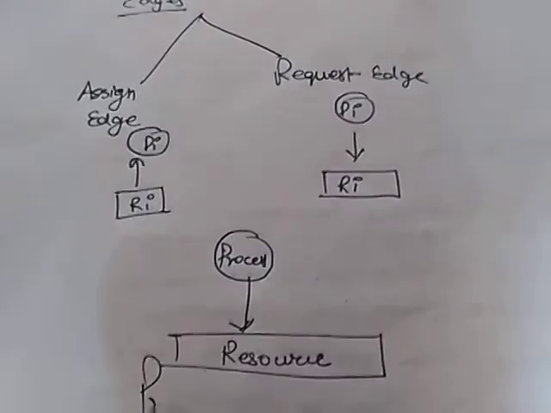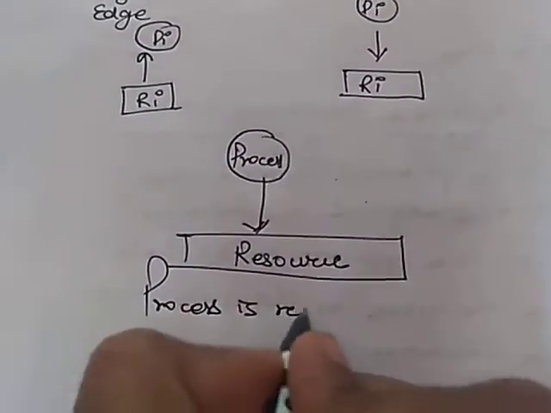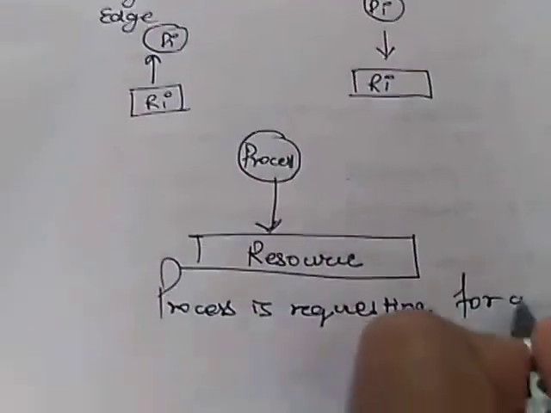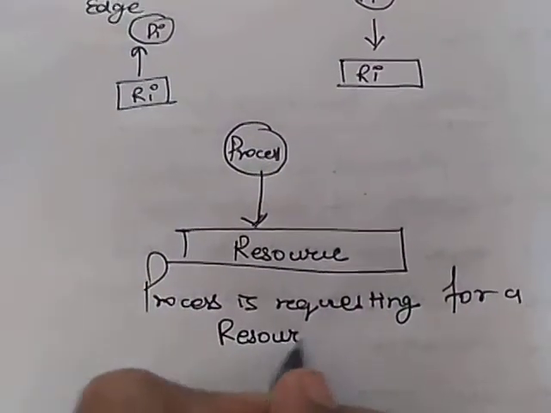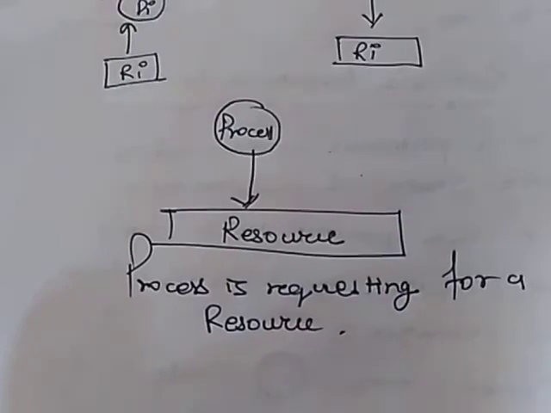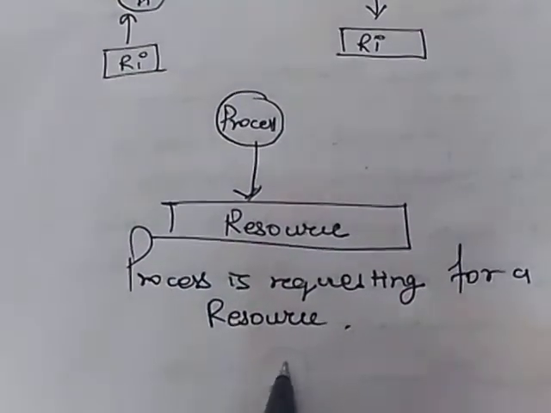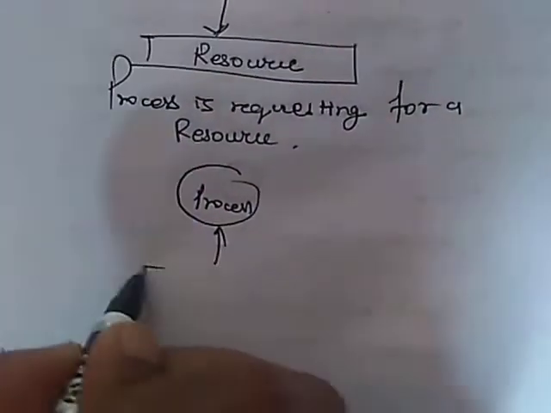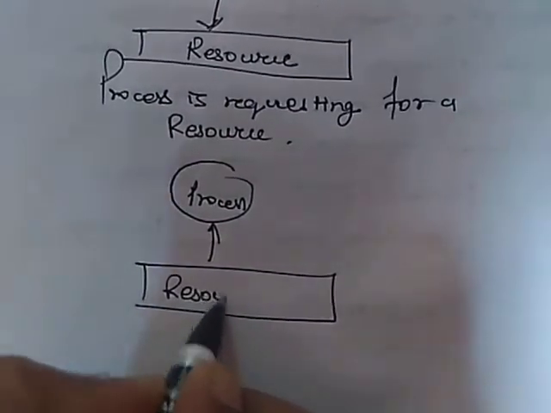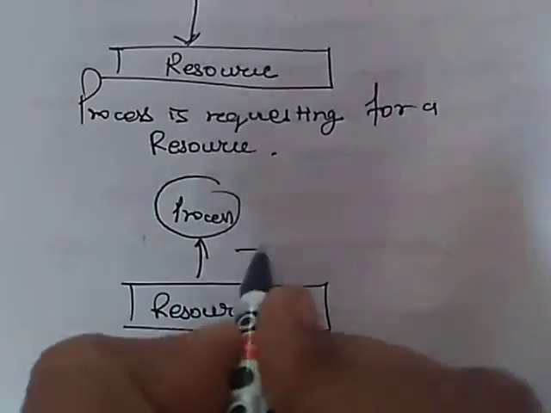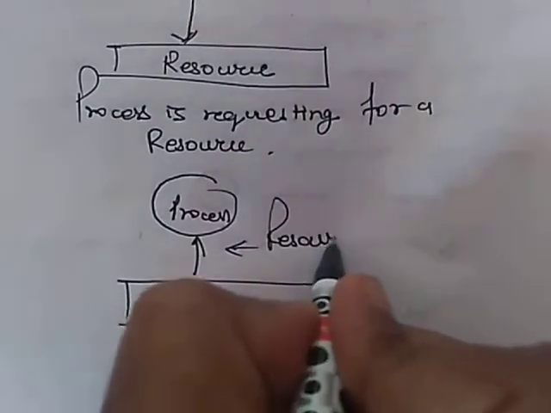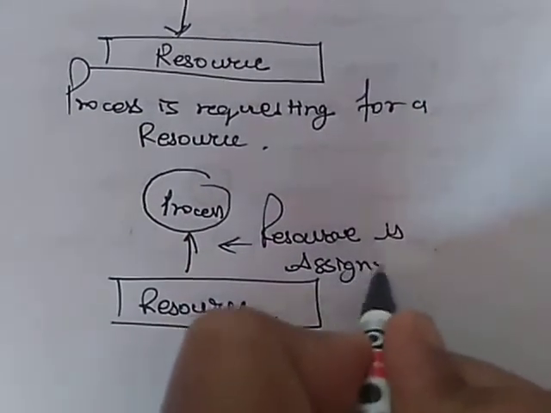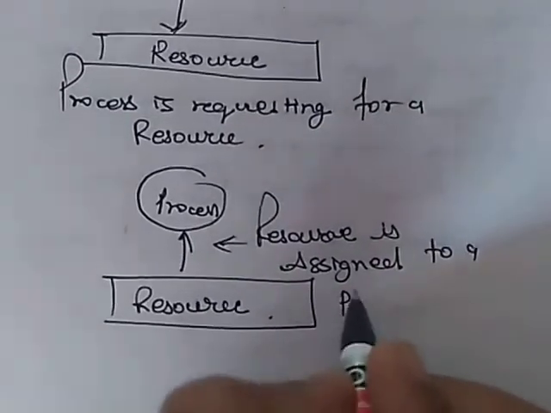Now process is requesting for a resource, and we have a process, we have a resource. Now here the resource is assigned to a process.